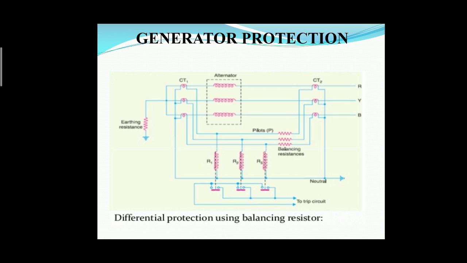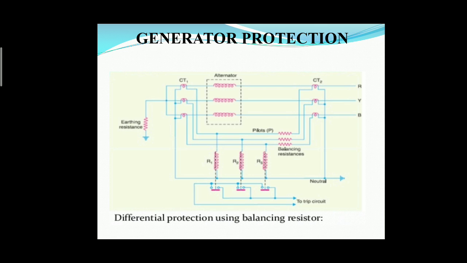By using differential protection, the difference between the two CTs flows through the relay coil.